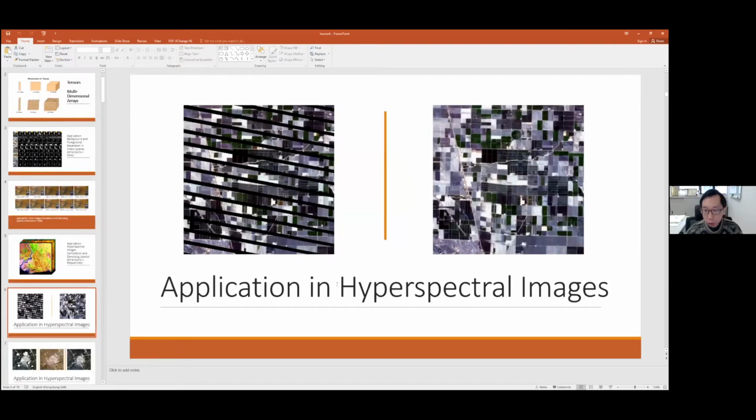So here it just gives you an idea, for example, of why we need to do low-rank tensor completion or denoising. This is one of the images obtained by the satellite.